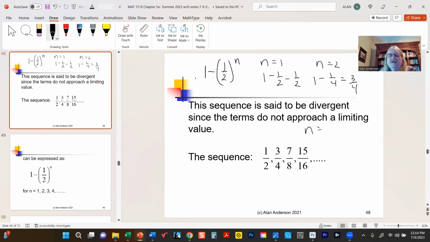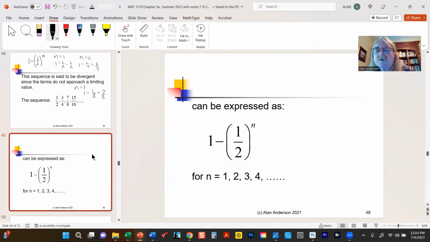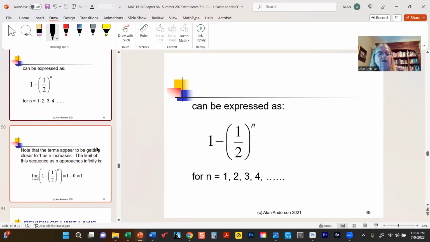When n is 3, 1 minus 1/8, etc. And you can see they're getting awfully, awfully close to 1. It looks like this sequence is converging to 1.